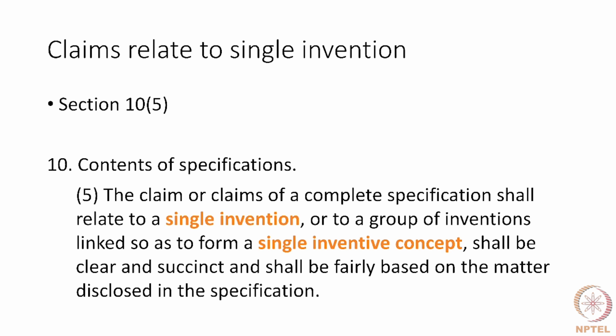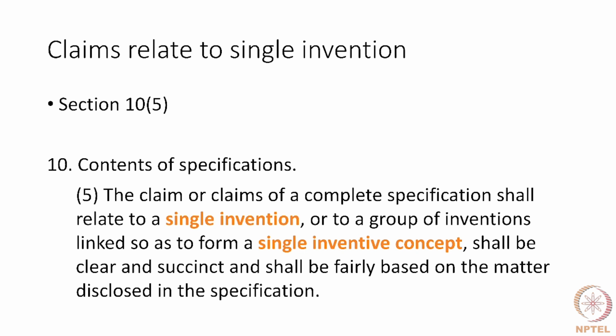Now, multiple inventions would normally be covered by different patent applications. In case you file an application with multiple inventions in it, there is a procedure by which you can later on divide the inventions into separate applications by filing a divisional application. A divisional application could also arise from an objection that is raised by the patent office.